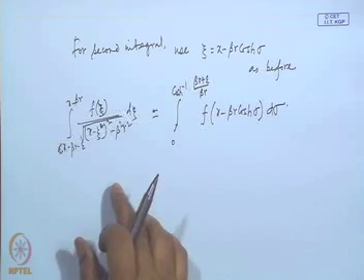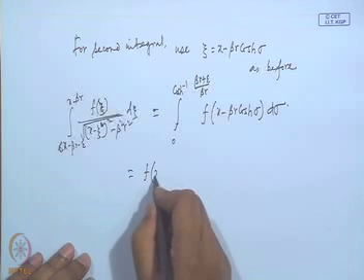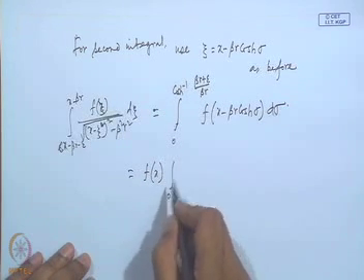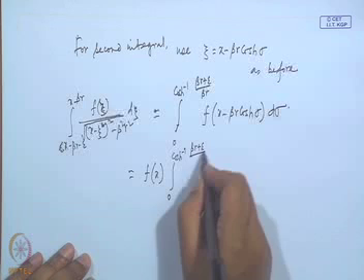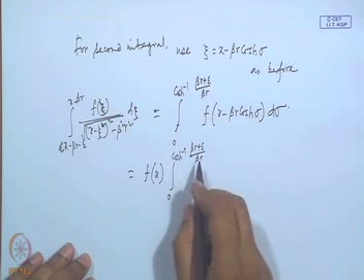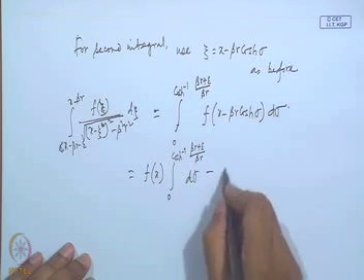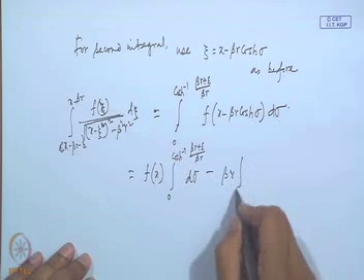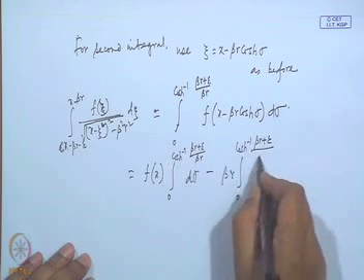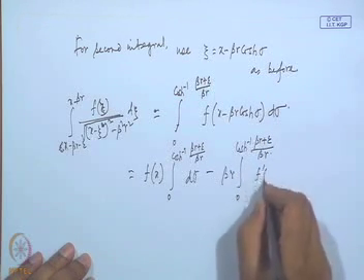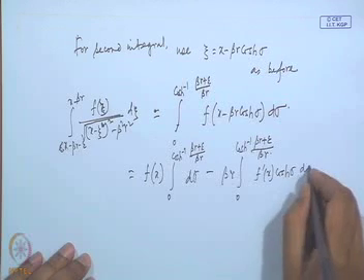This integration of course we carried out earlier. So, we can use those results, and this gives f x cosh inverse of (beta r plus epsilon) by beta r d sigma minus beta r into the integral from 0 to cosh inverse of (beta r plus epsilon) by beta r of f prime x cosh sigma d sigma.